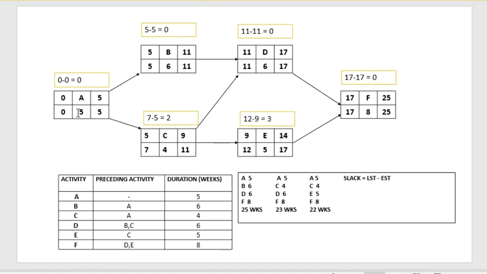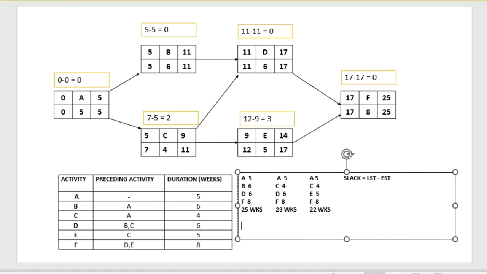So, which path is the critical path now? So if we look at path A, B, D, F, see, all of that is 0. True? Remember, we're determining the critical path.